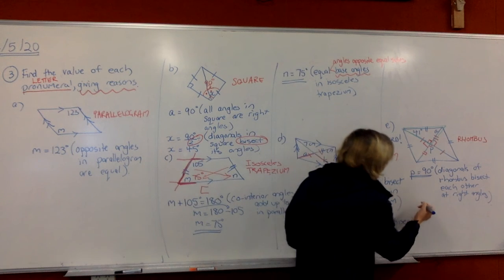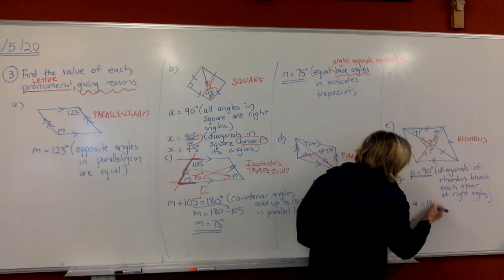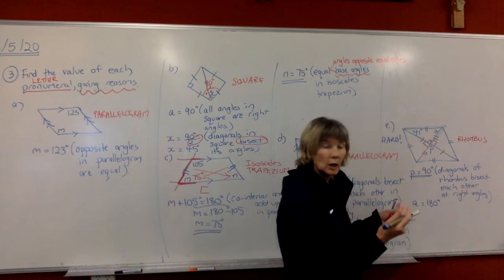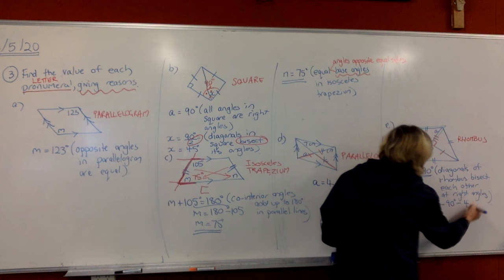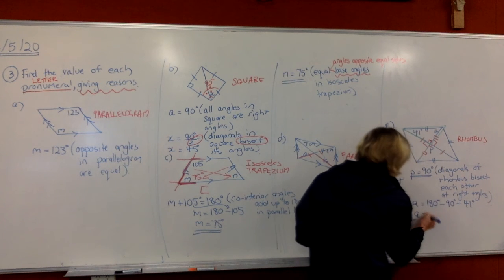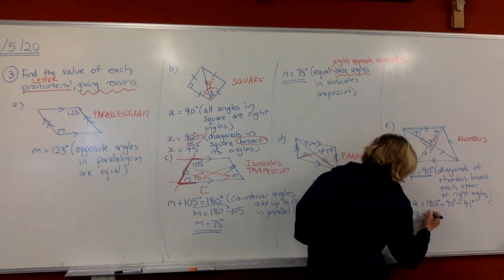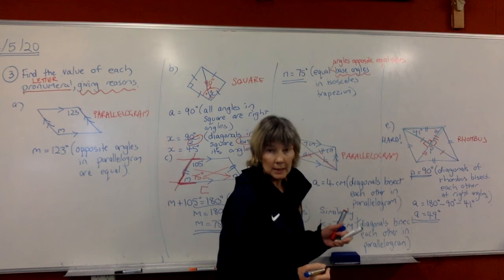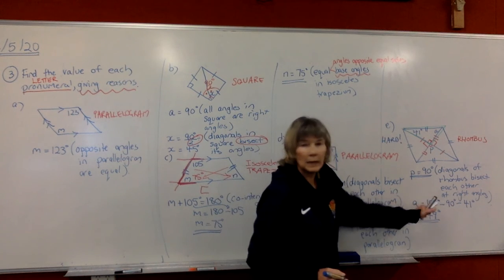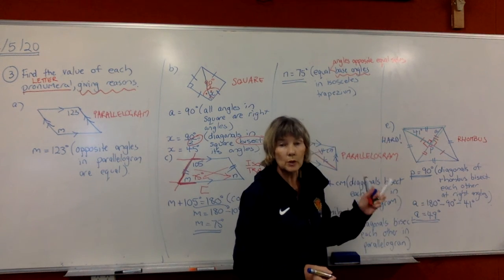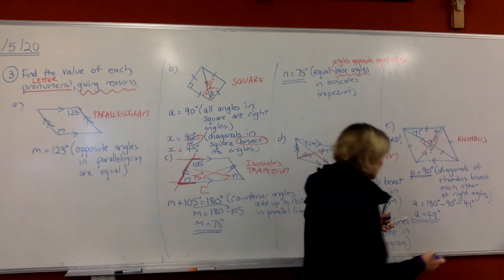So we can say A equals, start with 180 degrees for the angles in the triangle, minus 90, minus 41, work out what's left. And it's 49 degrees. And the reason for that, explain where that 180 came from. It came because we knew the angle sum of the triangle was 180 degrees.